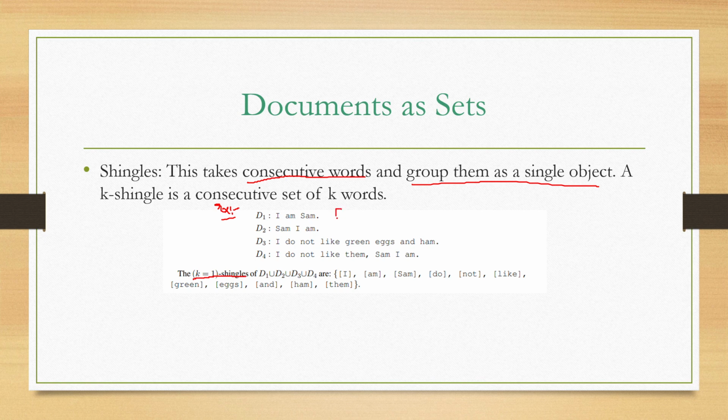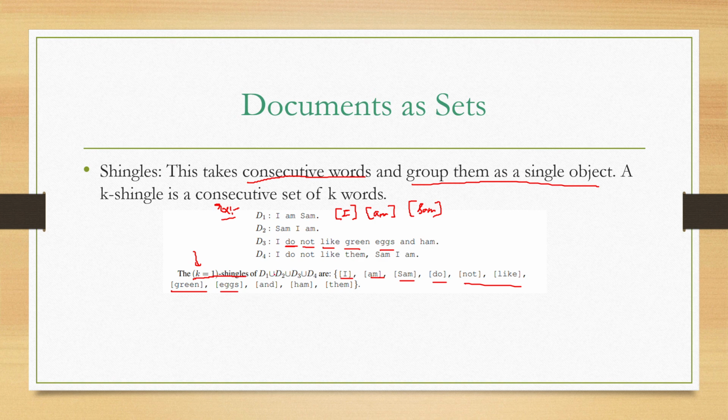So here for document 1, I will have I am Sam. Again, Sam is already there in this set, I is already there, am is already there. So nothing new is included here. I is already there. Do is included here. Not, like, green, eggs. All these are included as single terms here since k is 1.